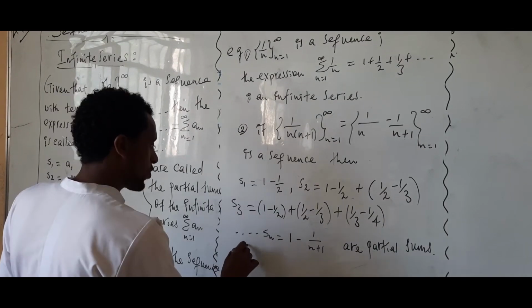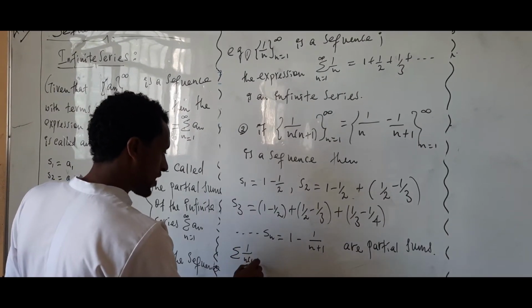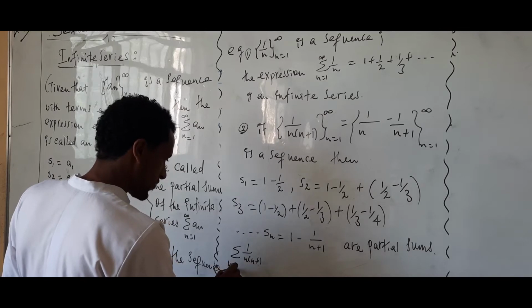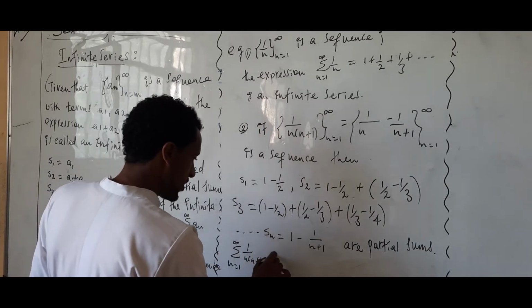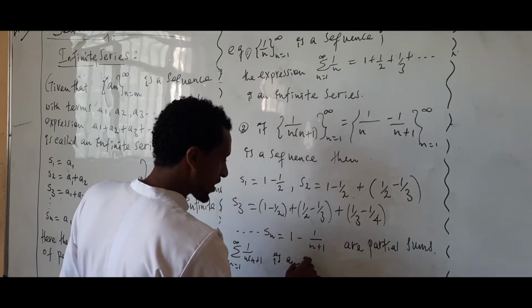And the sum of 1 over n into n plus 1 when n is from 1 to infinity is an infinite series.